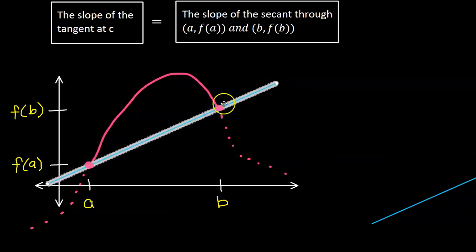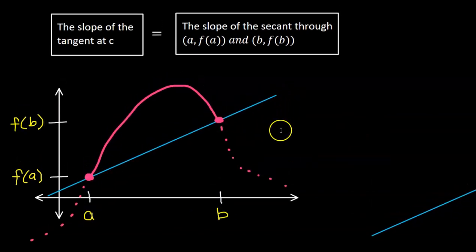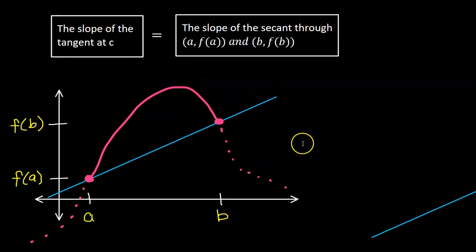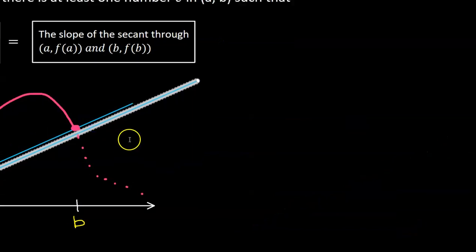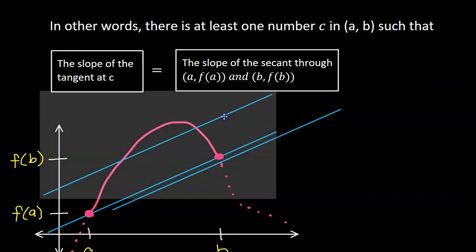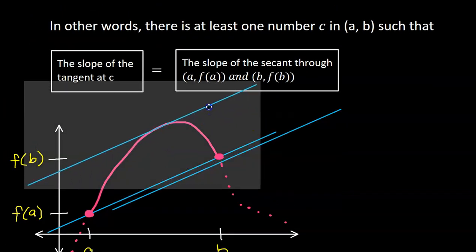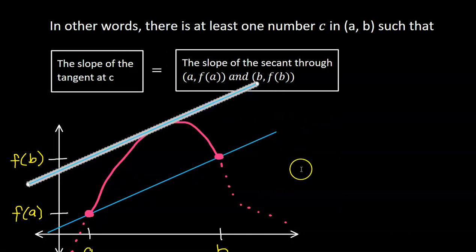So this is my secant line. So the mean value theorem is telling us that there will be at least one point between a and b such that the slope of the tangent line will equal the slope of the secant line.